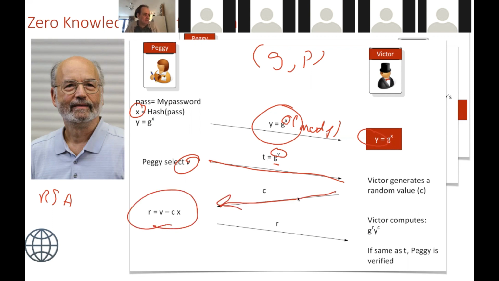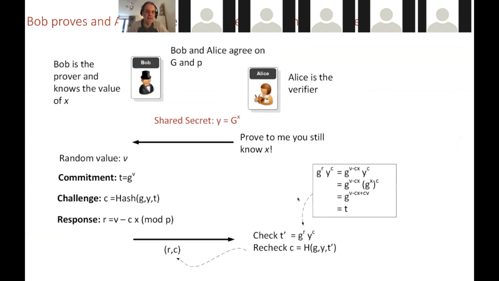She calculates this value here, and that goes back. And then Victor can actually prove that it's the right password. So the problem with this is that Victor's got to continually challenge Peggy for her password and give her a puzzle. So what we end up with is what's called a non-interactive random oracle.